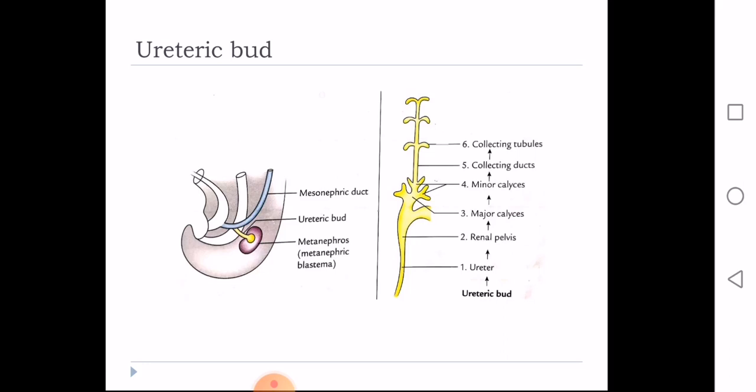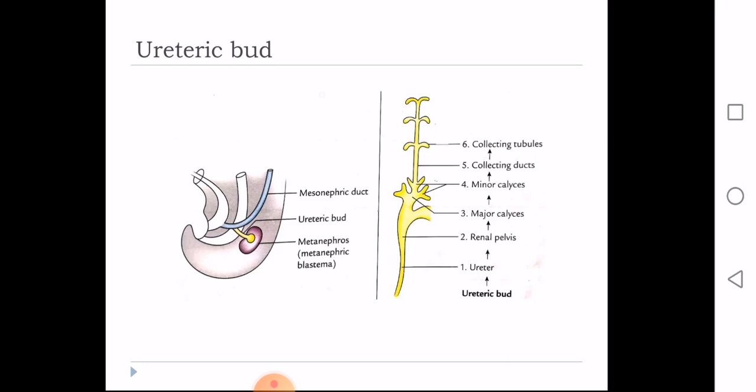Then the ureteric bud will divide, okay, it will divide dichotomously for 13 generations and forms the collecting system of the kidney. The pelvis will undergo repeated divisions, okay, and forms, as we have already said, the major calyx, minor calyx, the collecting ducts, and the collecting tubules.